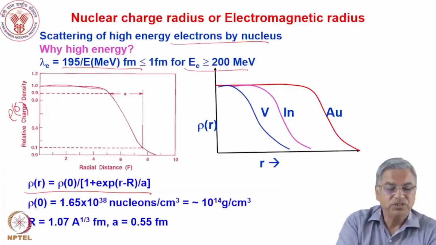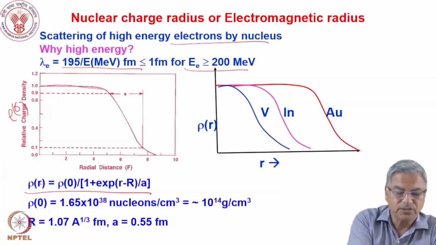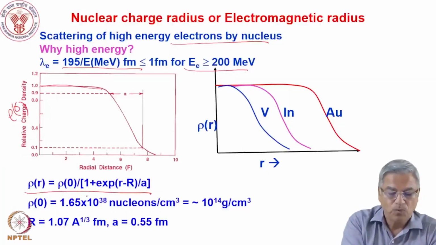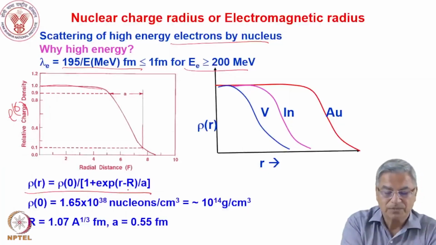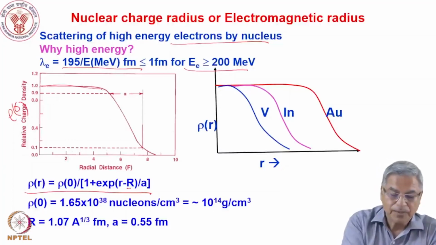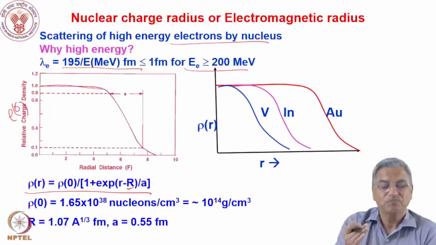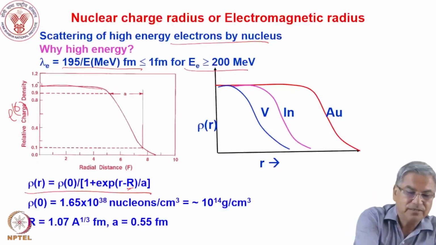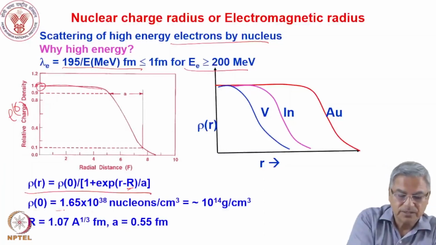Rho, the charge density at any distance r, is rho 0, the central density, upon 1 plus e raised to (r minus R) upon a, where capital R is the radius of the nucleus, and a is the diffuseness of the nuclear charge distribution.